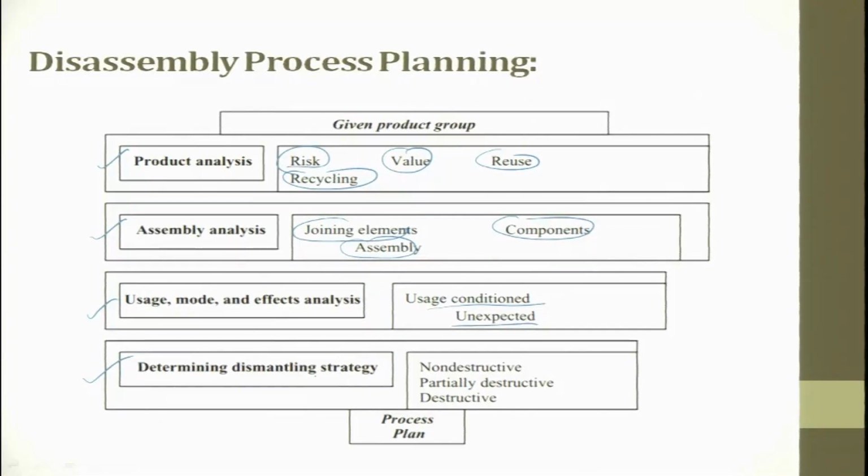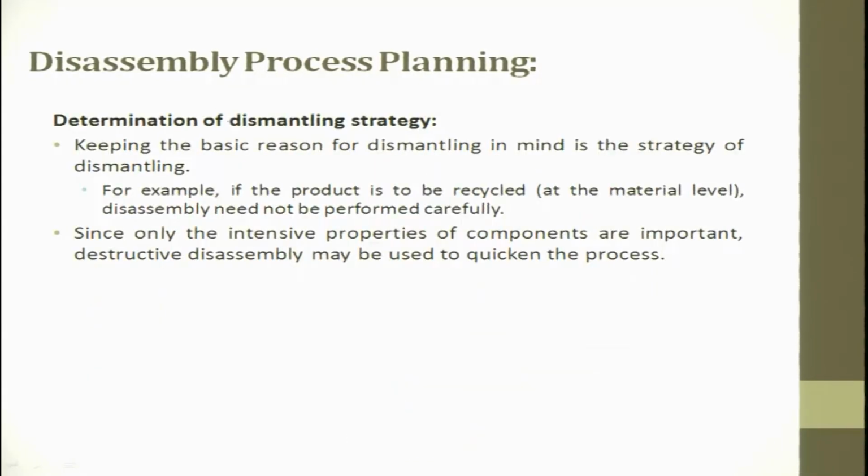Determining the dismantling strategy: non-destructive way, partially destructive and destructive way, and finally the process plan. So, all these things put together come in the design for disassembly process plan. Disassembly process planning, determination of dismantling strategy.